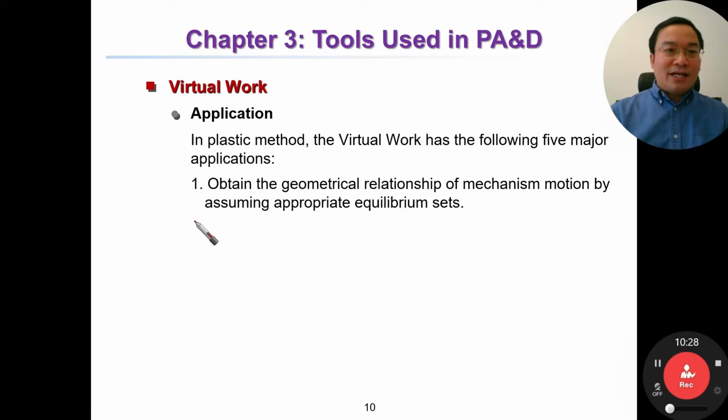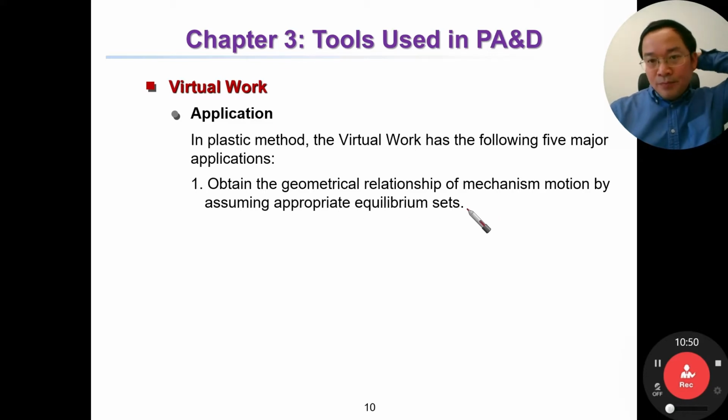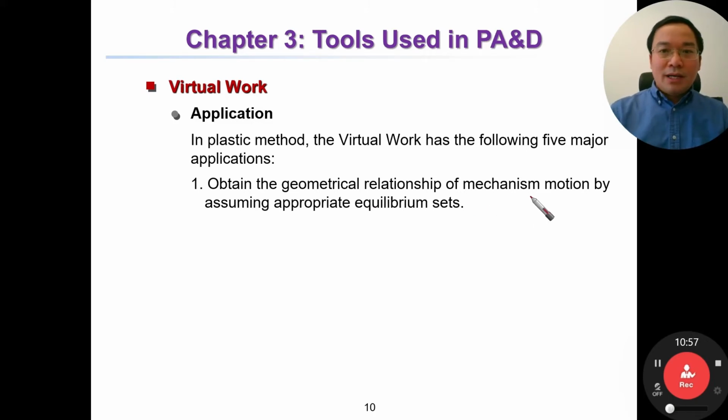The first application of waterwork is to obtain the geometrical relationship of mechanism motion by summing appropriate equilibrium set. Okay, I will give you an example to understand this application. But the main point is the geometrical relation of the mechanism motion.